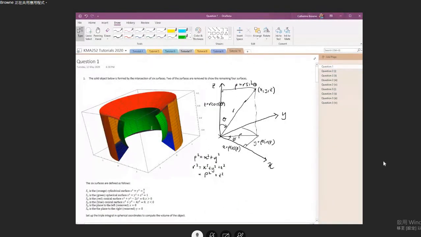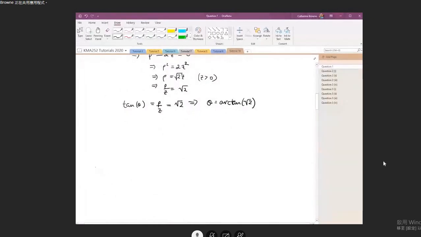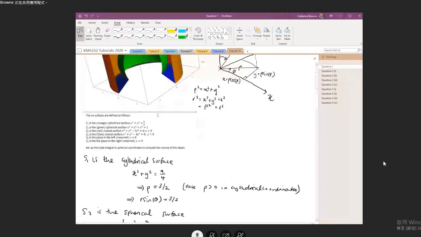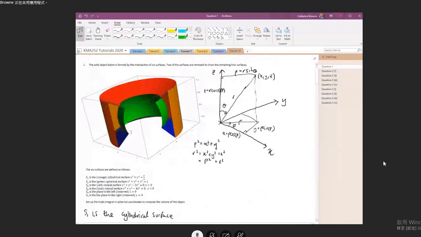In Cartesian coordinates, it's given to us as x squared plus y squared minus 4z squared is equal to 0, where z is less than 0 this time because it's below this z equals 0 plane here.